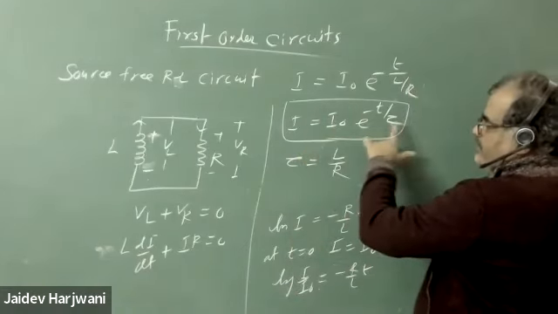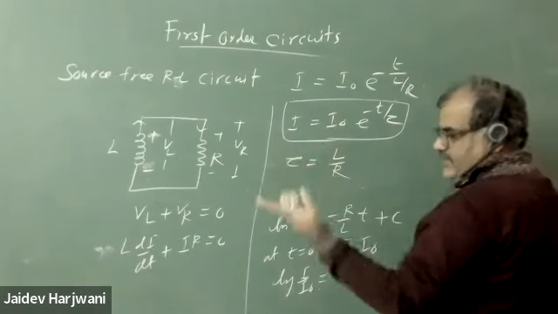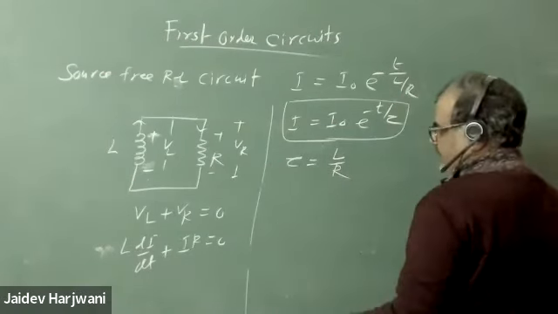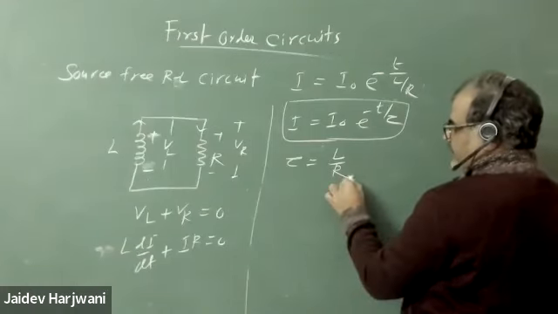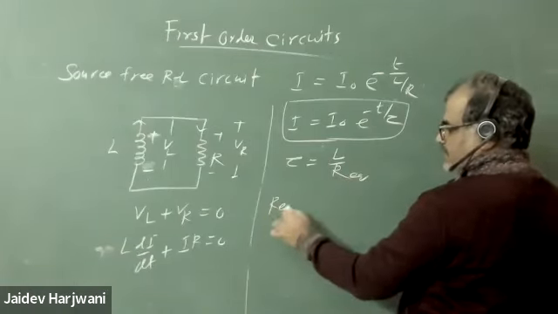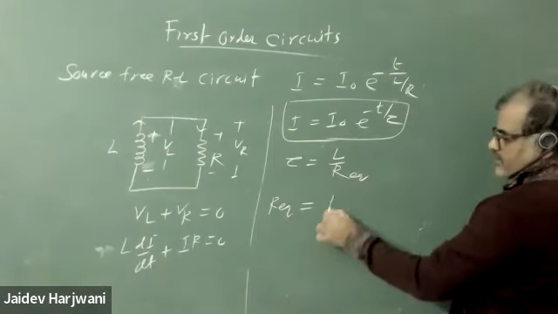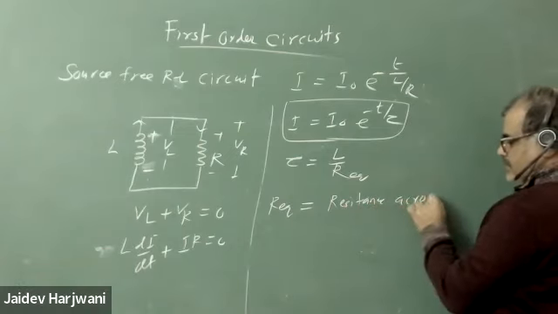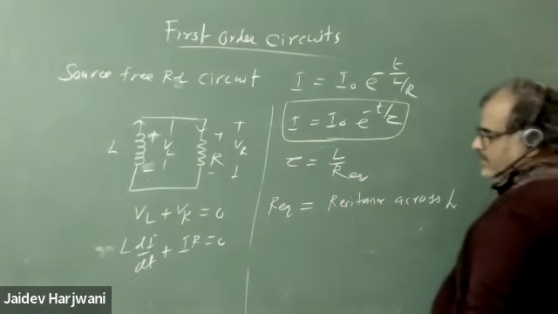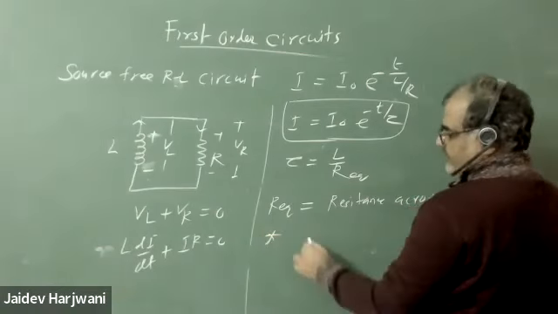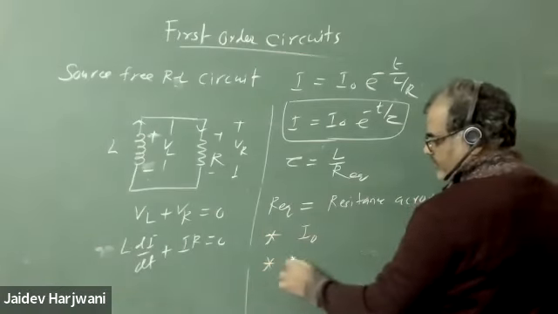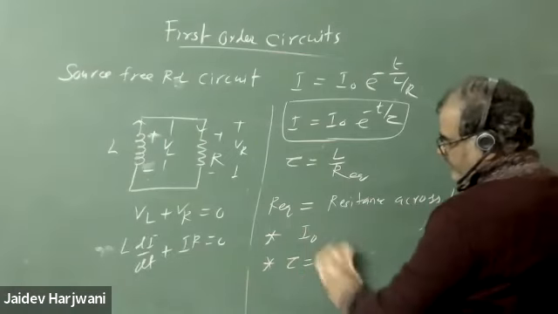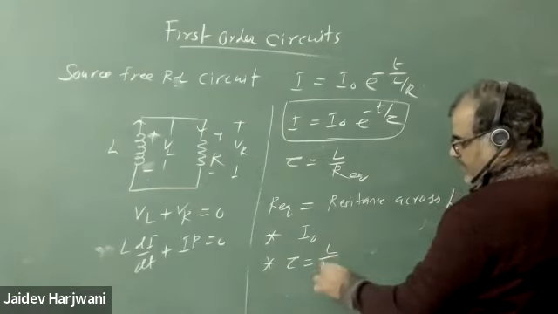You should know I naught and you should know the time constant. The time constant method is the same. You need to find R equivalent, which is the resistance across L. So again two points you need to find: first I naught, and second tau, which is L by R equivalent.